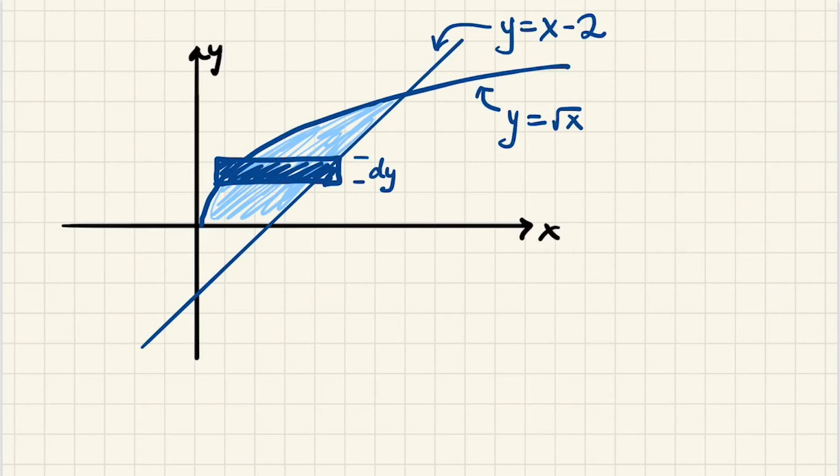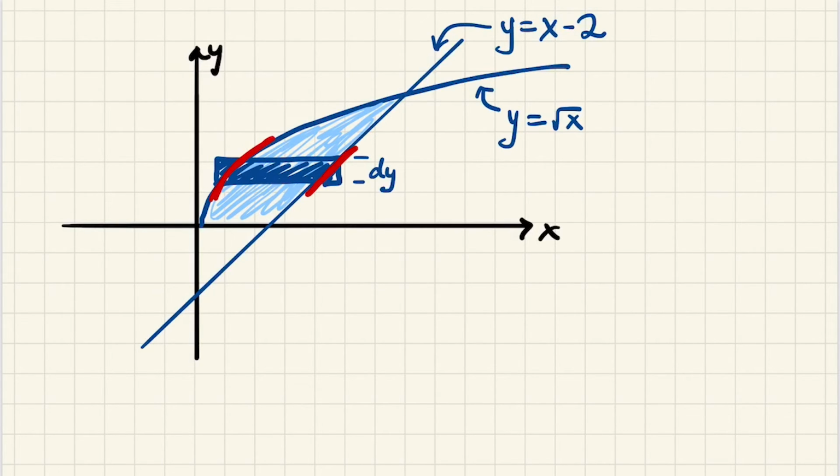Okay, and now to get the horizontal length of this rectangle, we would simply take, say, the rightmost function and subtract the leftmost function, and that would give us the horizontal length of this rectangle. Remember, this is an infinitesimally narrow rectangle, so those little corner pieces aren't actually visible.